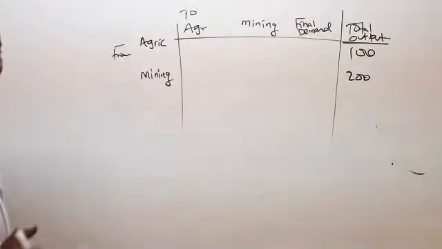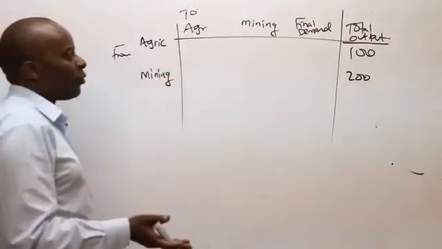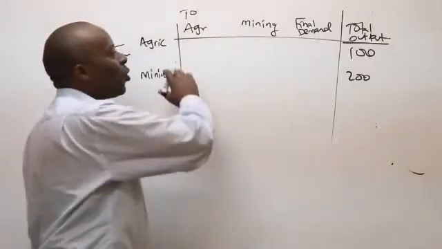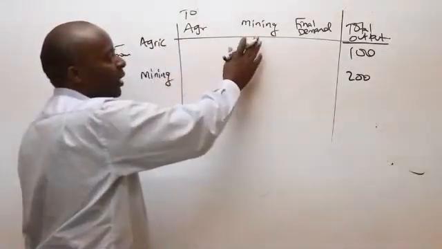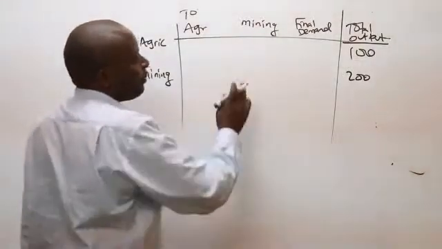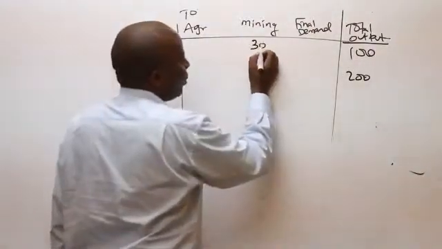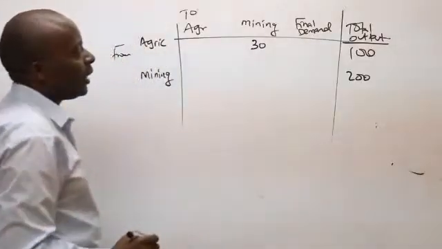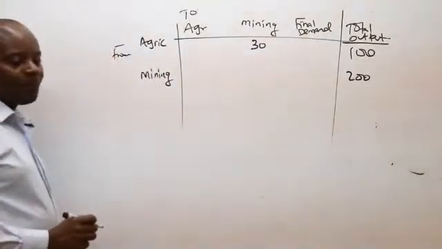That's very normal. For example, agriculture could have sold some bags of maize to the mining industry, perhaps 30 kilograms to the mining sector.